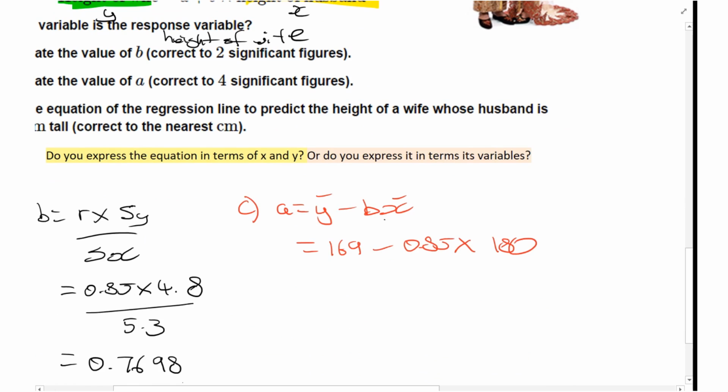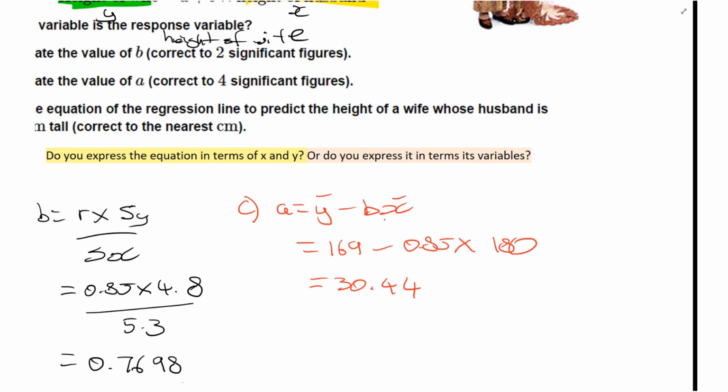And that will give you a value of 30.44, and that is in four significant figures. That's what the answer would be there. If we need to, I'll go through what significant figures are in a separate video or in class.